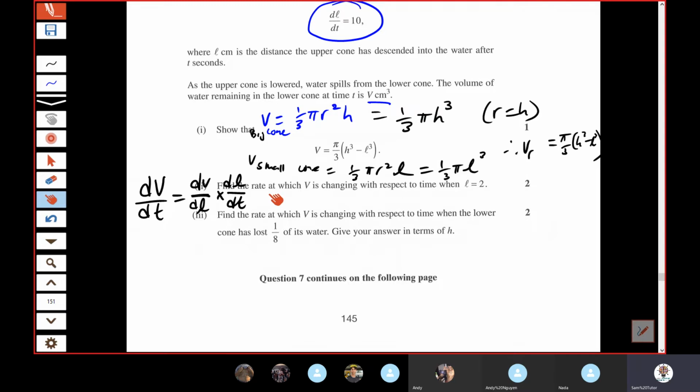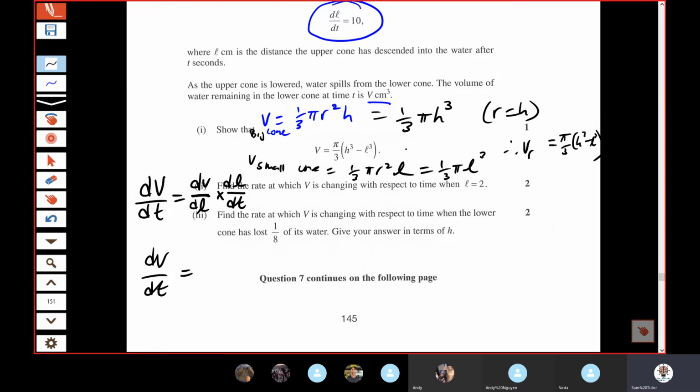Okay, where are we? So far I've got dV on dt equals dV on dL. So we're going to differentiate this guy. Obviously your h, like I said, is a constant. So what do we do when we differentiate constants? You ignore them.